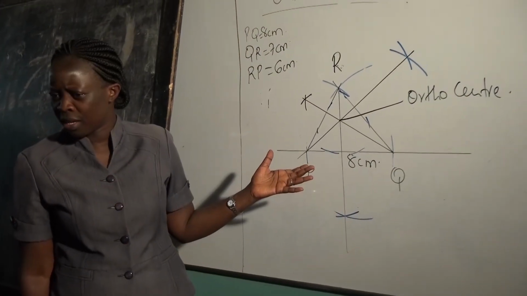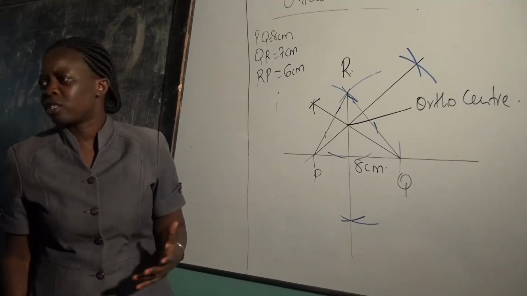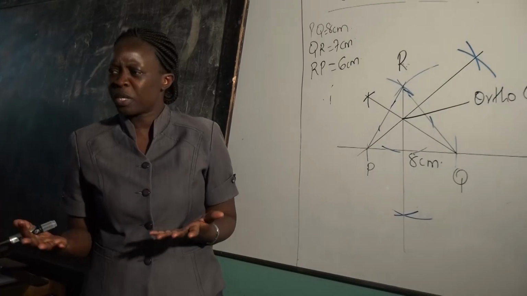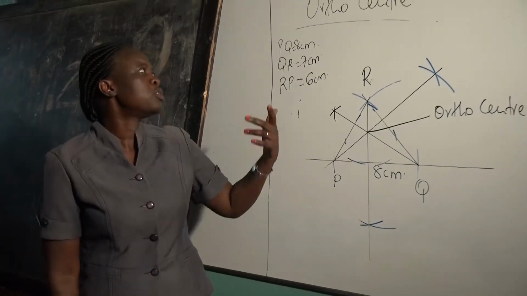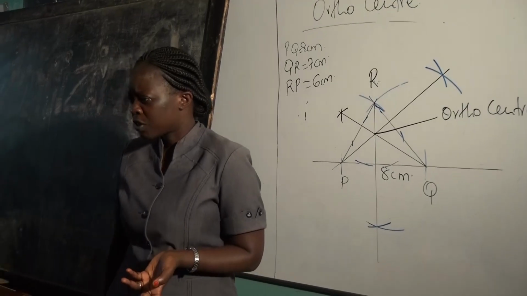Are we together there? Yeah. So unless somebody has a question, I would say that drawing orthocenter and drawing centroid is even more cheaper as we compare drawing centers of a triangle.